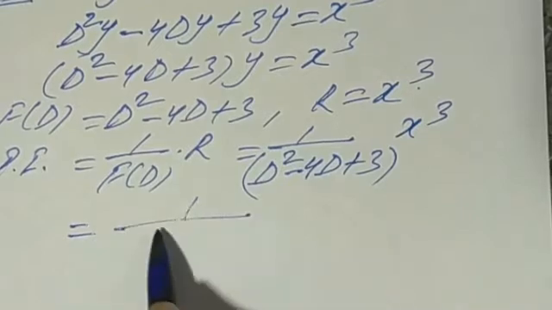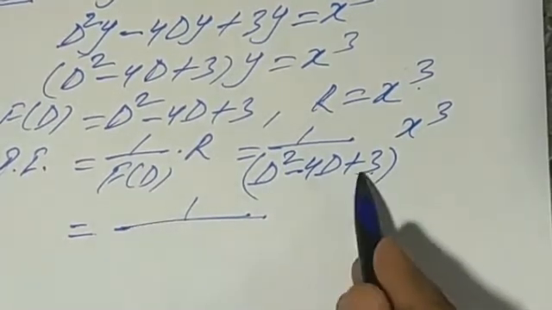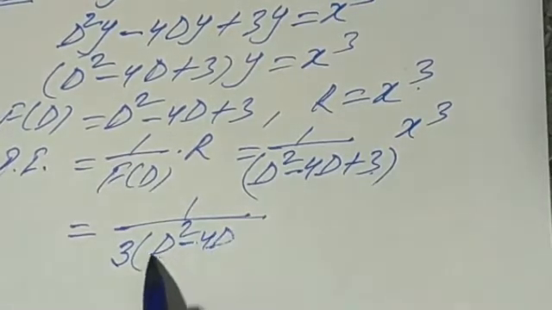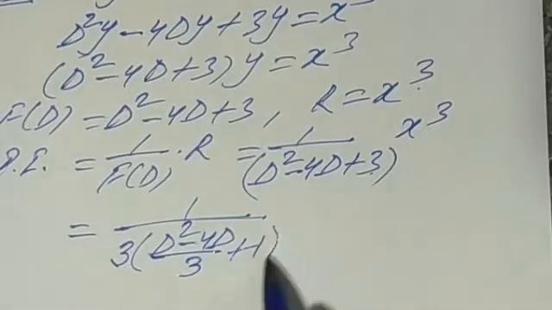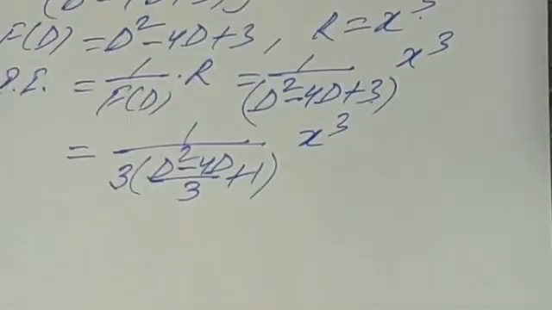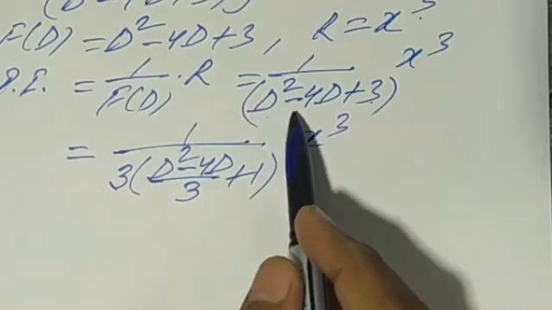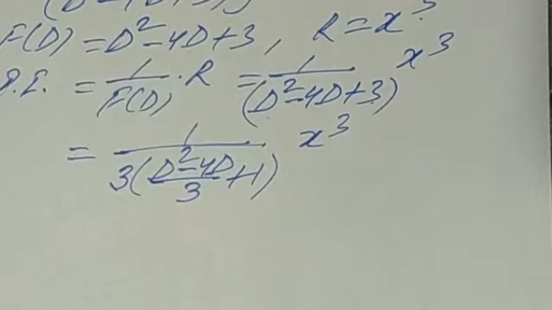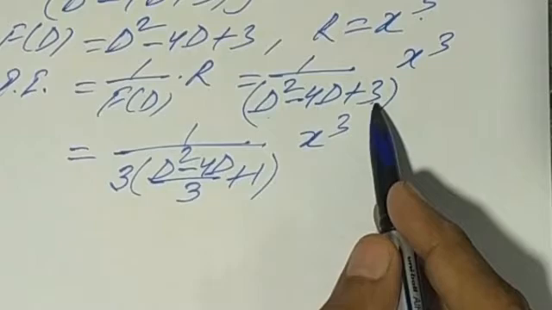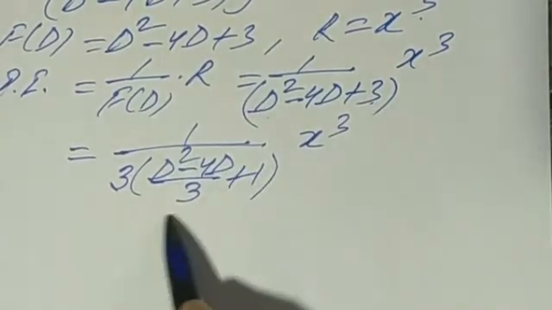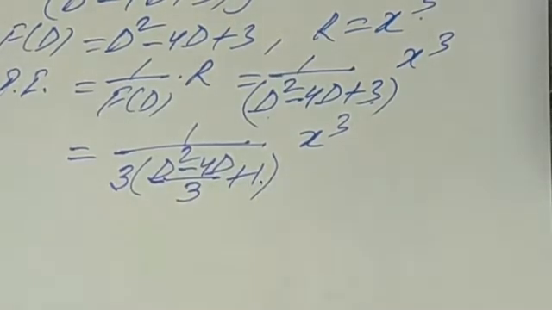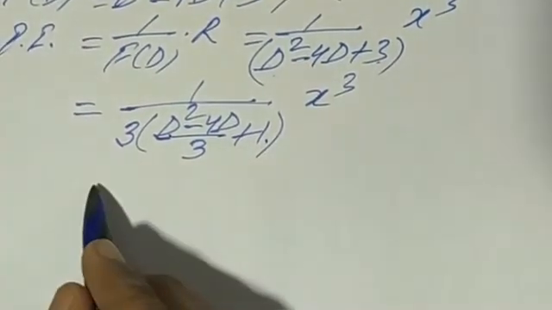So first we need to take 3 common out of this. We get D square minus 4D upon 3 plus 1, x cube, because before taking this expression to the numerator and expanding it according to binomial theorem, we need to change it into binomial form, and for that purpose we need to take only the constant term common and consider the expression in D as one term and 1 as the other term, because it is convenient to expand in that case.